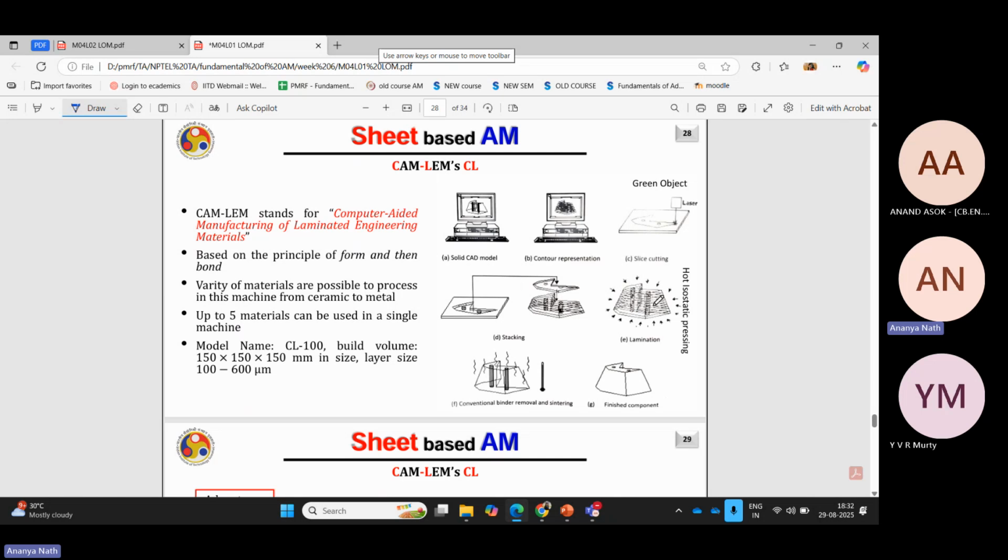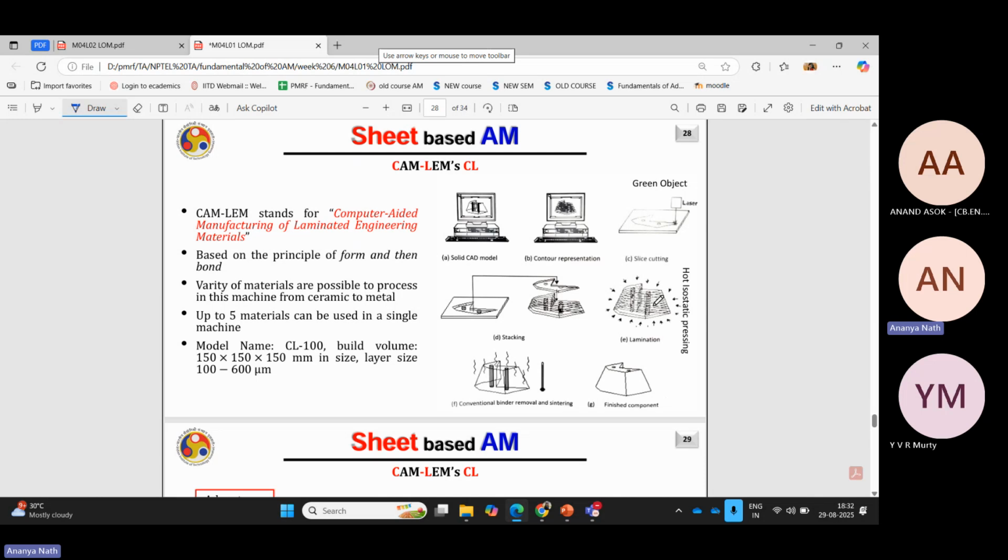Lamination is hot isostatic pressing, which means you put it in a chamber where the heat and the pressure are both applied at the same time from all directions so that all the sheets can be joined together. Then this is called the sintering process. And after the sintering is done, you can remove the support structures.